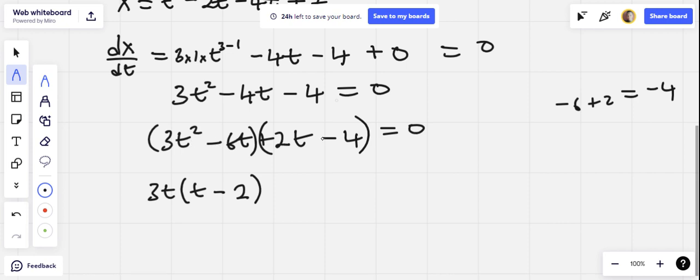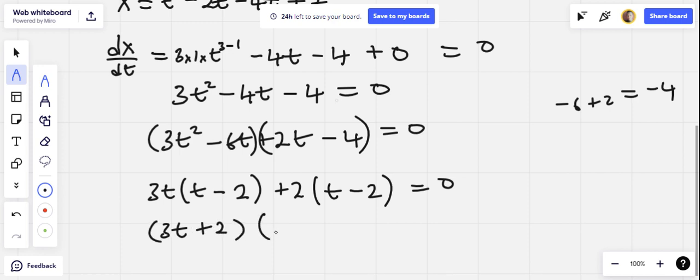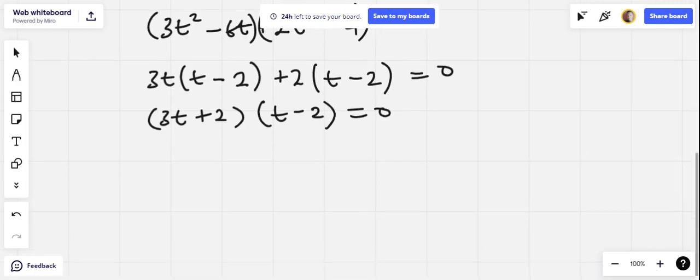Then between 2t and minus 4, what is common is positive 2, into t minus 2 equals 0. So now this will be 3t plus 2 times t minus 2 equals 0.